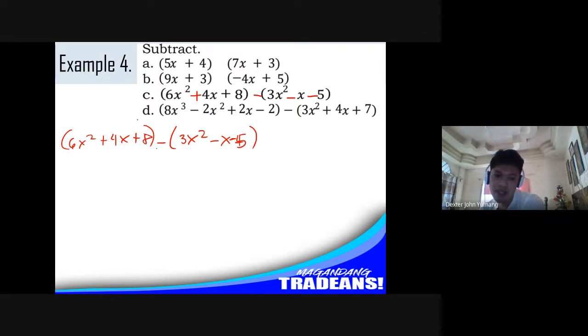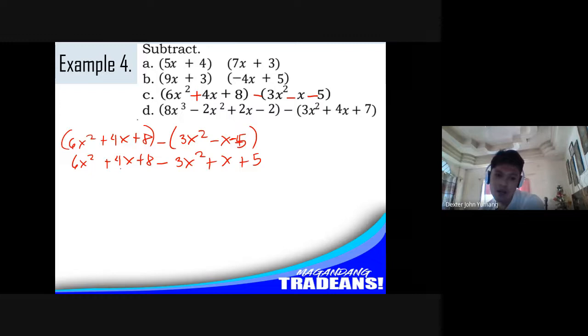Okay, ano kaya ibig sabihin ng negative dito? Baliktarin ang sign ng nasa loob. So baliktarin natin si 3, positive na si 3, magiging negative na siya. Itong negative, magiging positive na siya. Itong negative dito, magiging positive na rin siya. Okay, bring down itong pinakauna, plus 8.